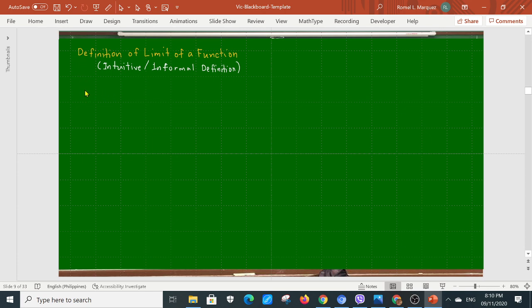To define a limit of a function, of course, we need a function f.